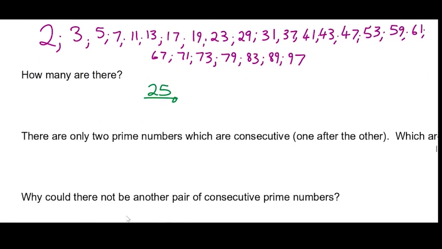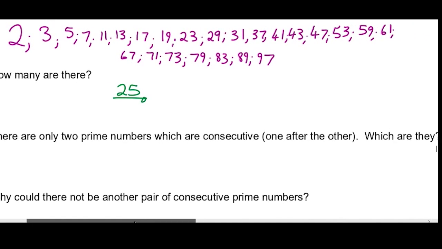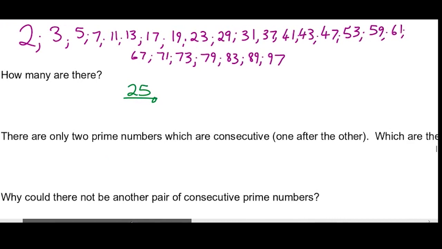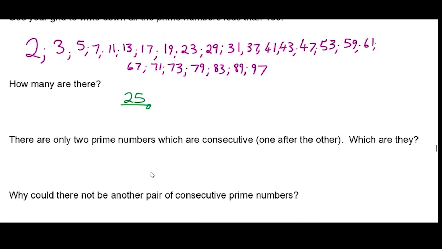There are only 2 prime numbers which are consecutive, all right, one after the other. Right, let's have a look. The only 2 are 2 and 3. Why could there not be another pair of consecutive prime numbers?